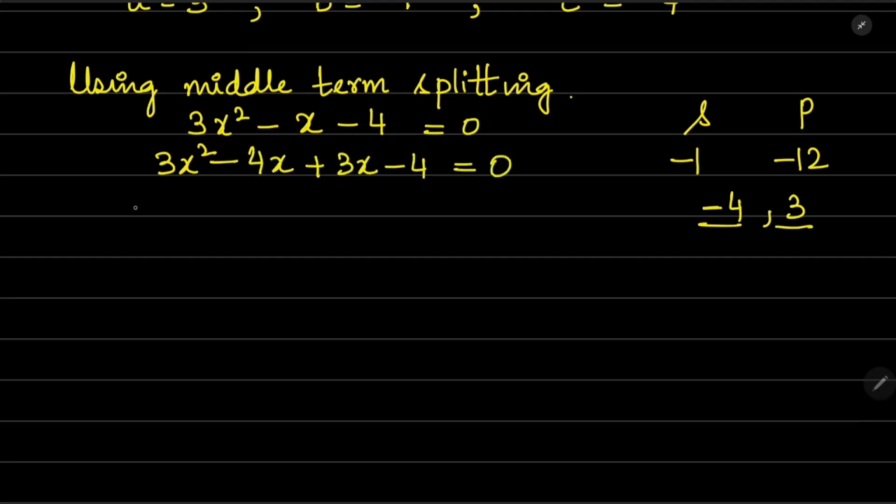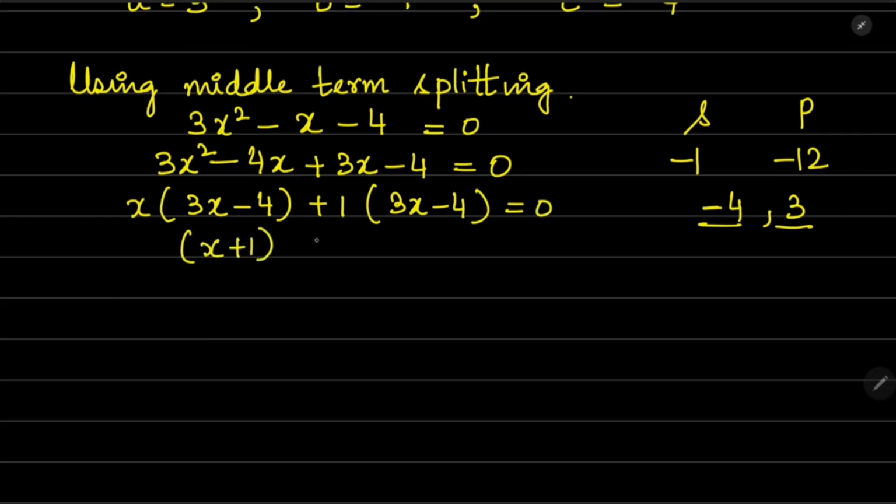So here you can take x common out: x into 3x minus 4, again plus 1 common out: plus 1 into 3x minus 4 equal to 0. So taking common, you have x plus 1 and the other term is 3x minus 4 equal to 0.